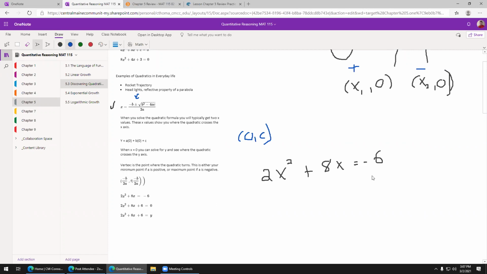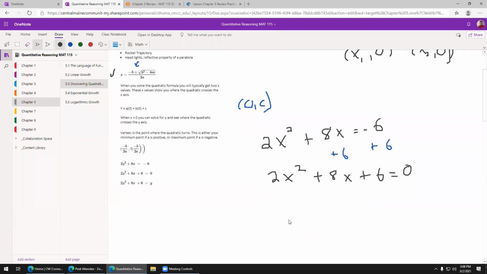So what I'm going to do is add 6 to both sides. So then I get 2x squared plus 8x plus 6 equals 0. Like I said, to get anything to equal 0, you just move everything over, right? Now I can do the quadratic formula.